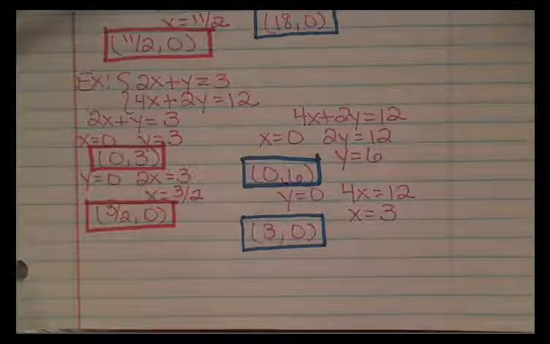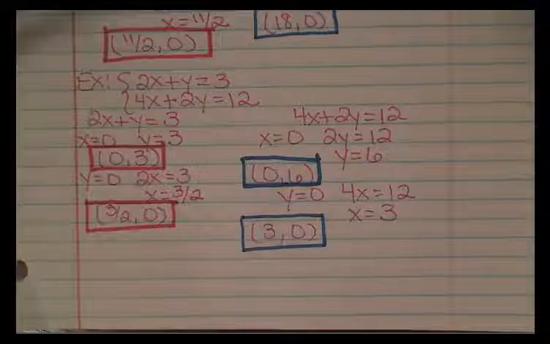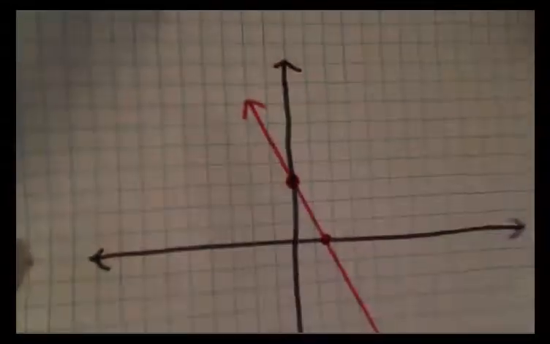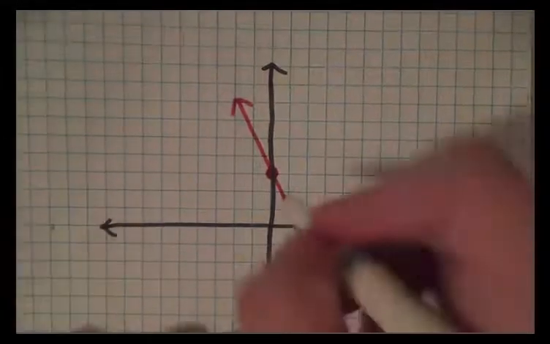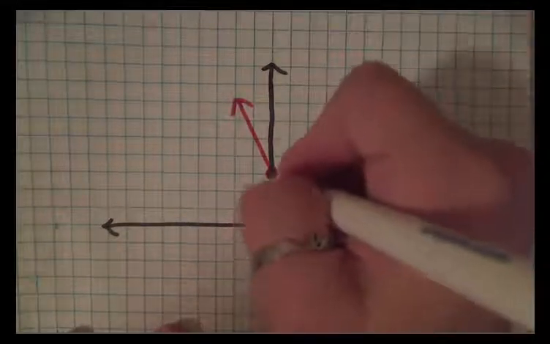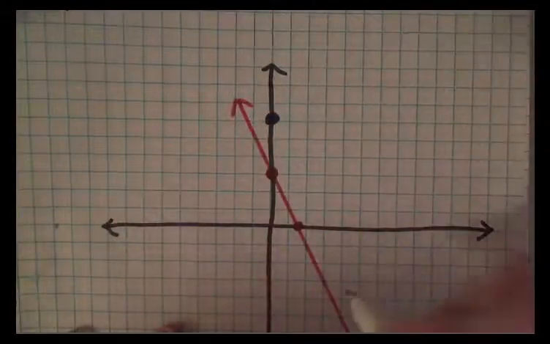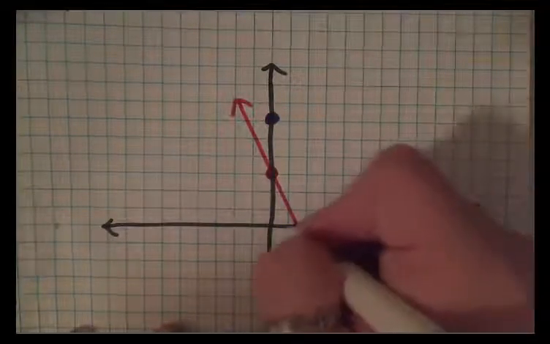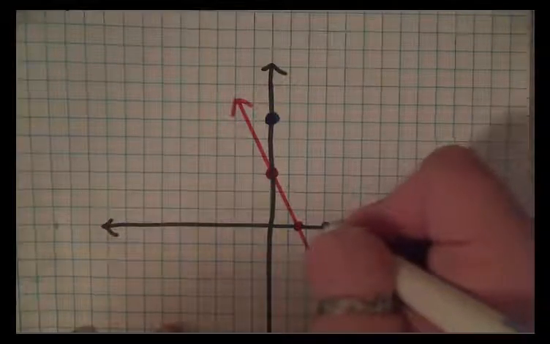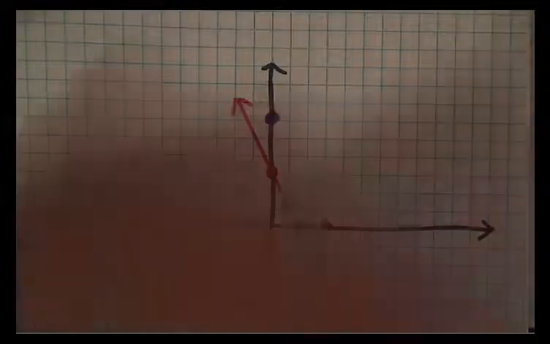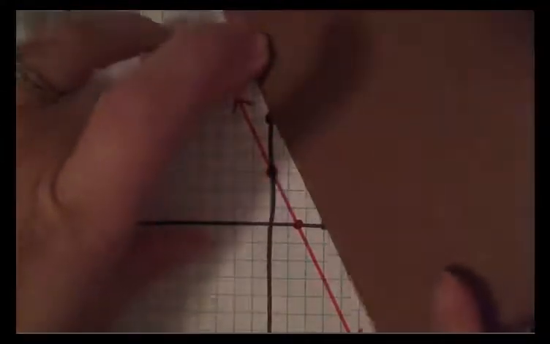So then I just need to graph those. My first one was 0, 6, so 1, 2, 3, 4, 5, 6. And my next one was 3, 0, so 1, 2, 3. Be a little bit more careful on this one.